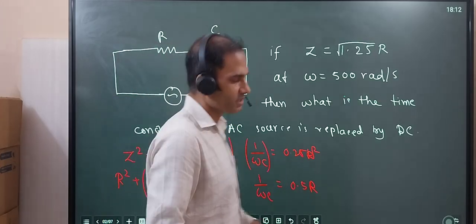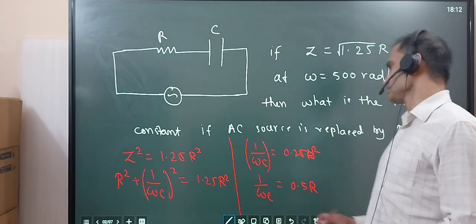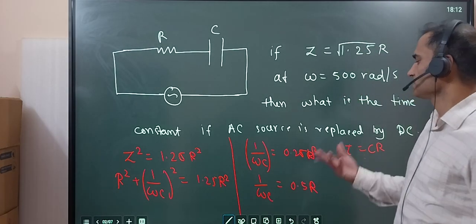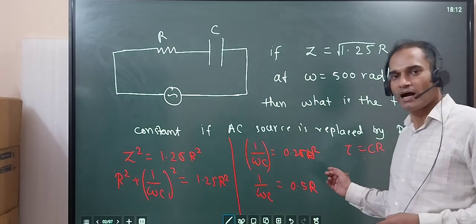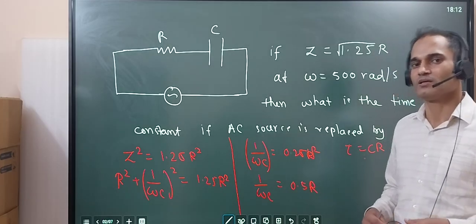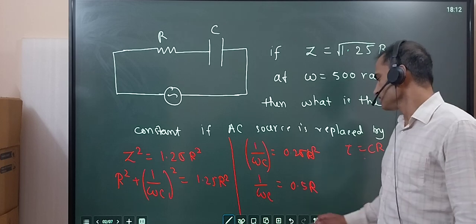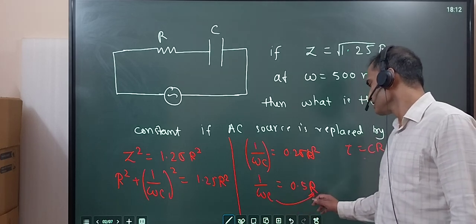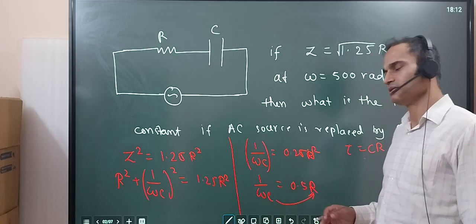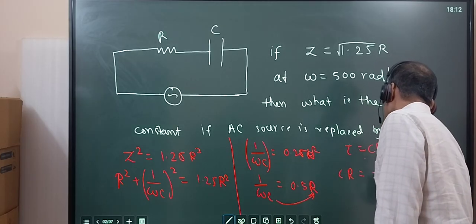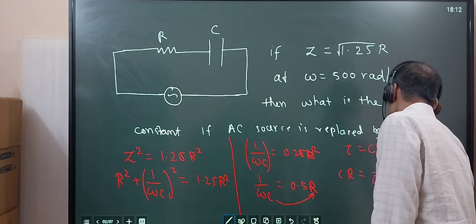So time constant formula is CR, right? Clearly we cannot find R or C individually, but the product can be found easily. We just have to multiply C here and divide 0.5 here. So CR will be 1 by 0.5 omega.